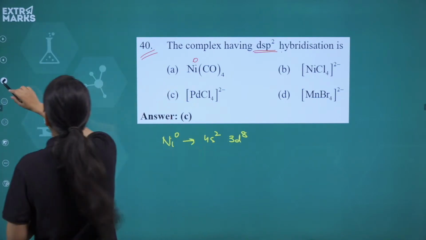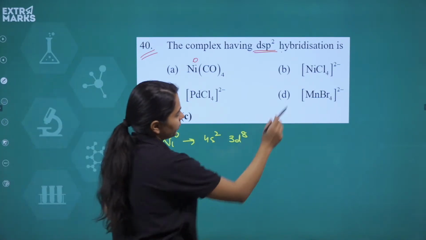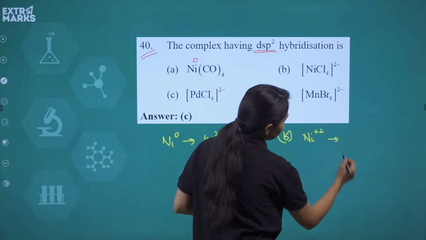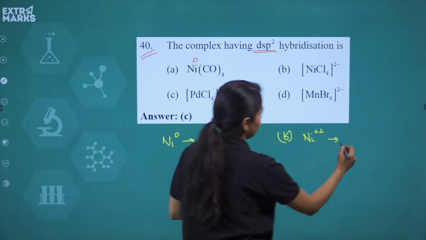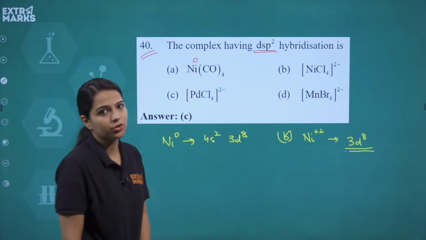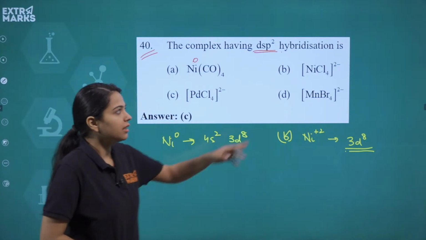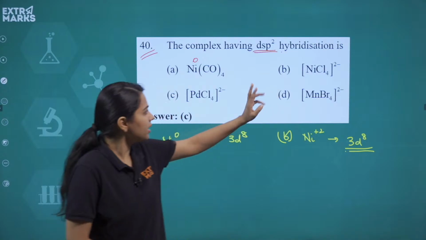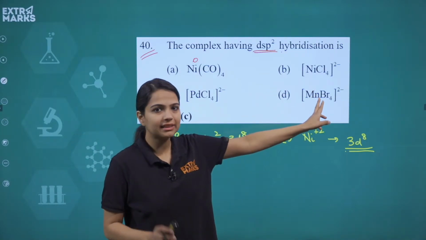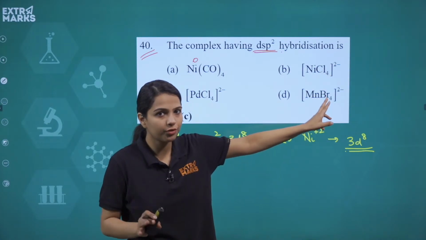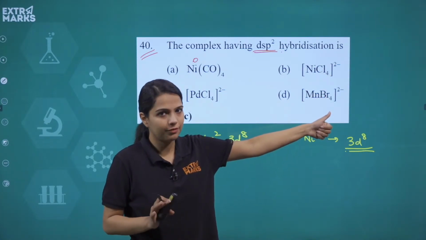Then talking about the B option, nickel in +2 oxidation state will have again 3d8 electronic configuration, but here the d subshell is not free. Why? Because this is a weak field ligand, we cannot pair electrons here. Talking about manganese in +2 oxidation state, again we cannot do pairing of electrons here, so the d subshell is not free because we have bromine as the weak field ligand.